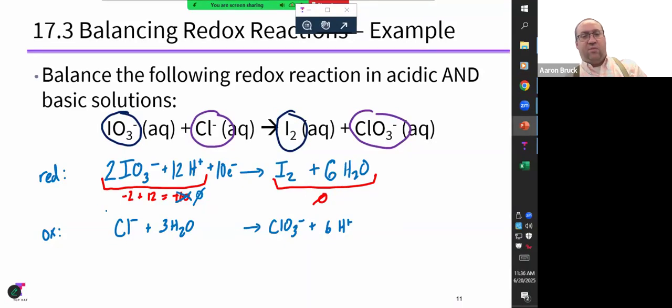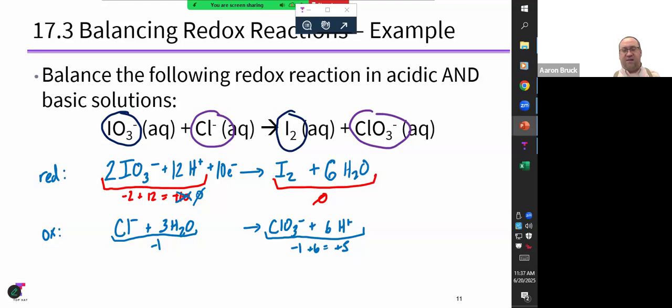From a charge standpoint, -1 charge on the reactant side, because only the chloride is charged. -1 plus 6 means +5 for the product side.